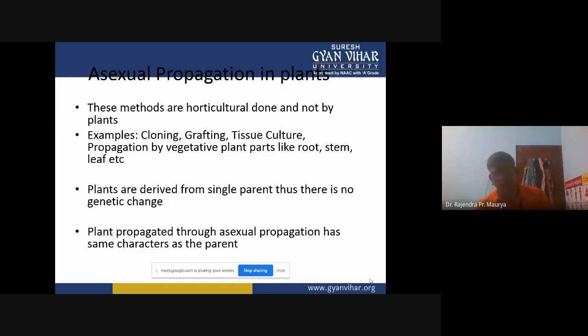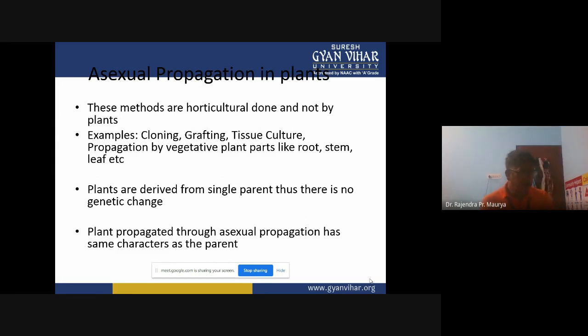Now you have the clear concepts. If we are propagating plants by asexual means, then we will get the exact characteristics of the mother plants. For collecting the plant materials, we should select a good quality mother plant.